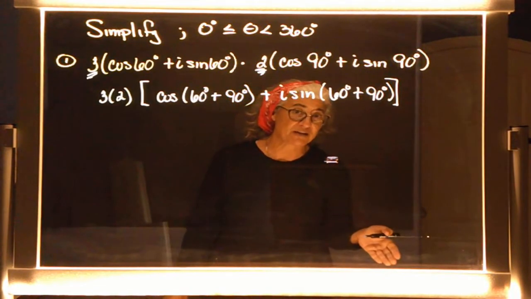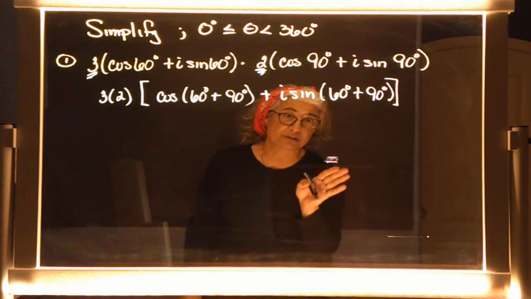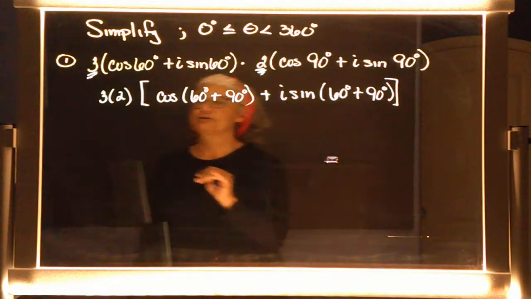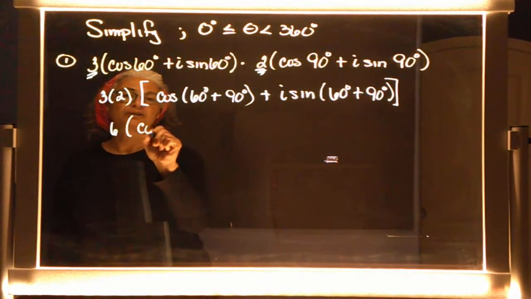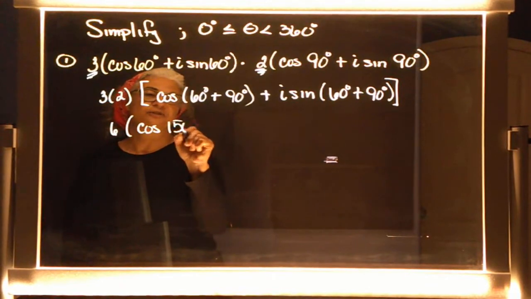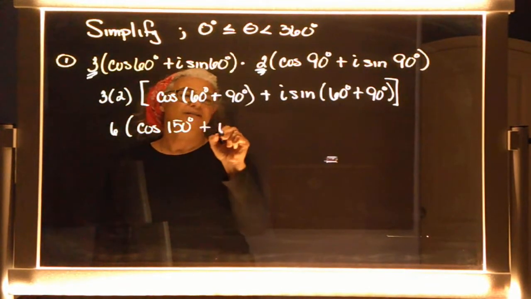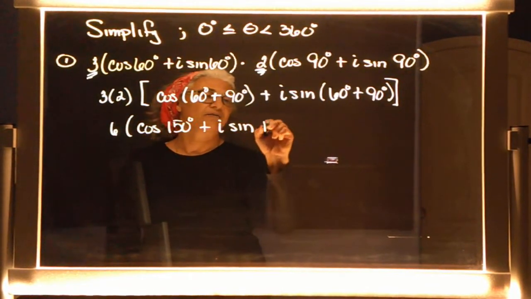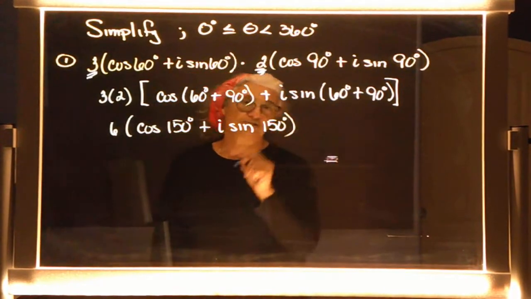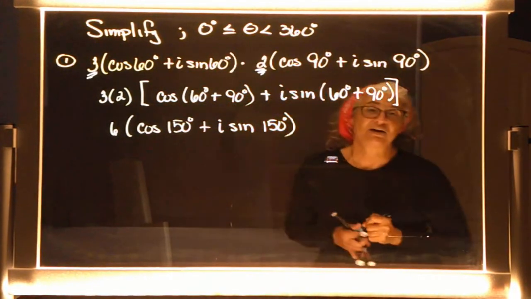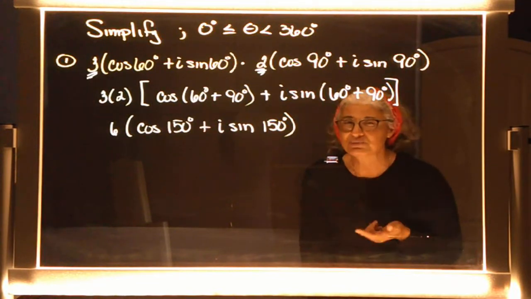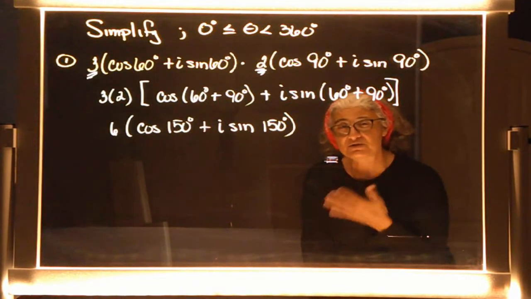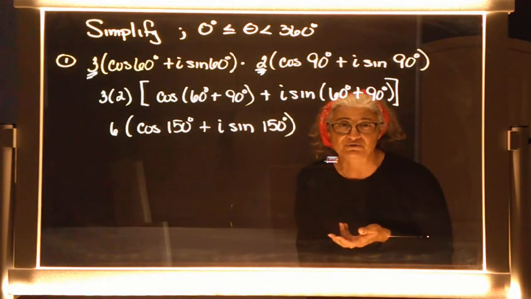Okay, not so bad, right? Keep it simple. Truly, these theorems are very simple. So this will be 6, and it's going to be the cosine of 150 degrees, right? Plus I sine of 150 degrees. Do you agree? Now, here's the deal. The directions told me to simplify, but they really didn't tell me if they wanted my answer in polar form or rectangular form.